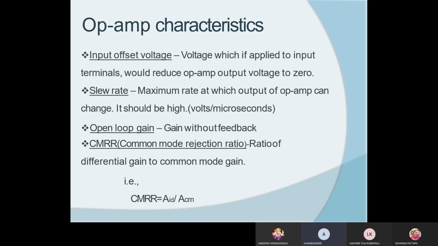It is defined as the ratio of change in input offset voltage to the change in supply voltage. Whatever change occurs in the input offset voltage, the supply voltage also changes. That factor we call the power supply rejection ratio.